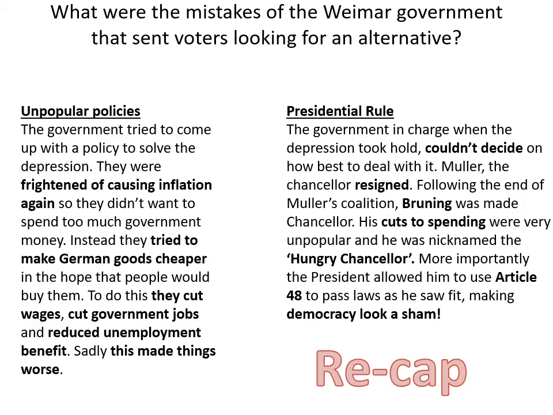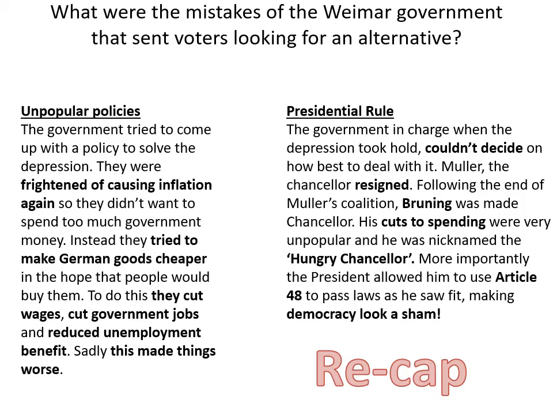So this is just a recap on what we looked at the other day. What were the mistakes of the Weimar government that sent voters looking for an alternative? Firstly, they embarked on unpopular policies in an effort to solve the Great Depression. They were frightened of causing inflation again, like they had done in 1923-24, so they didn't want to spend too much government money.